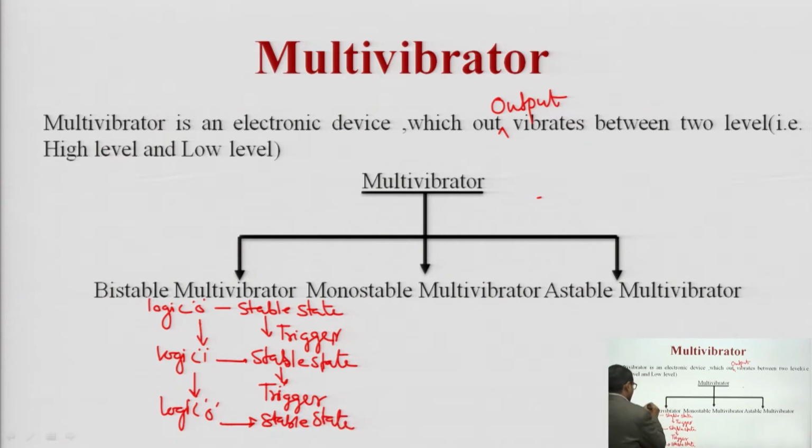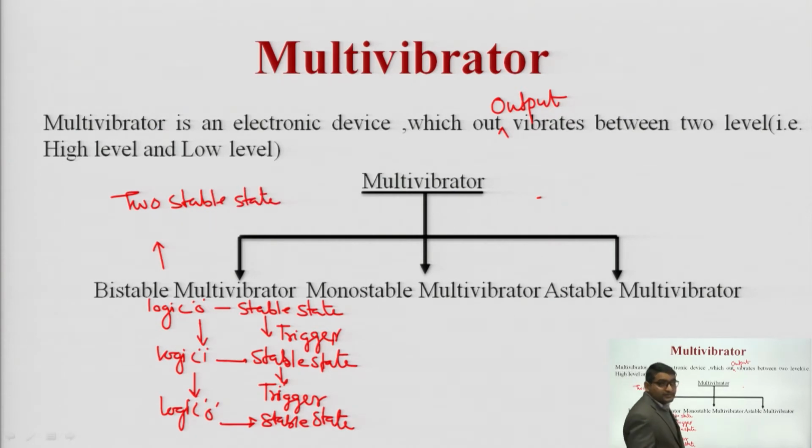It means a bistable multivibrator has two stable states, and it can be used as a memory element. In digital electronics, a flip-flop works on the bistability principle, which has two stable states, either logic 0 or logic 1. Memory is an example of a bistable multivibrator.